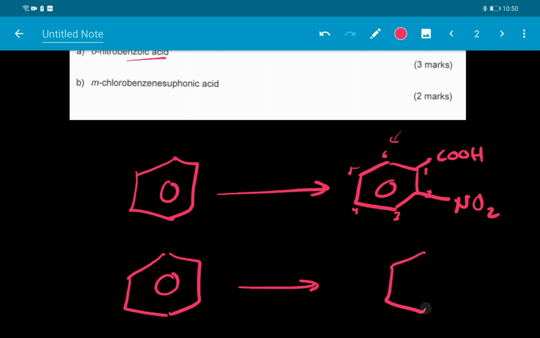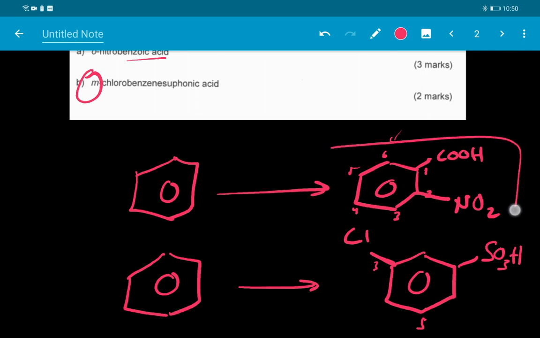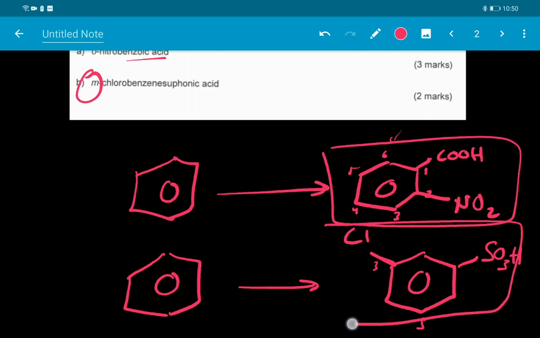Benzene sulfonic acid is benzene together with the SO3H, and then chloro is positioned at meta, which means number 3 or number 5. Chloro is represented by Cl. So the idea is, in order to answer this question correctly, first and foremost, you need to get the product right. After that, we're going to plan how to answer it.